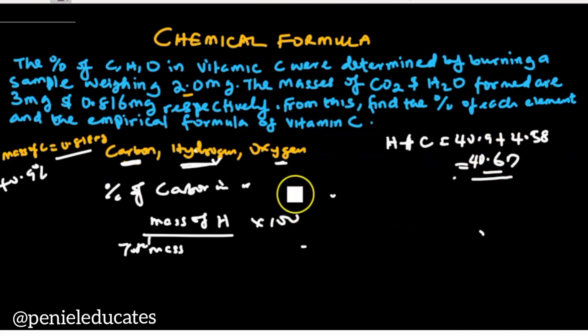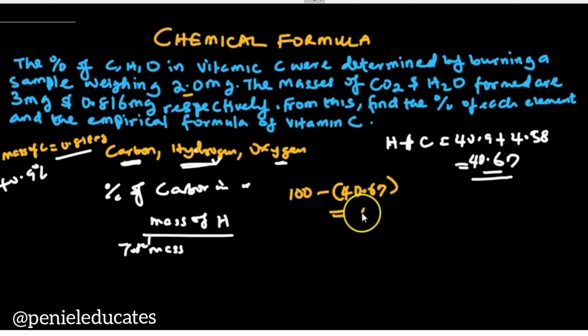So let me write this one out. We're going to have 100 minus 45.67, and once you do that, you're going to have 54.33%.